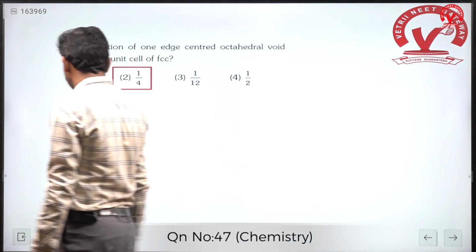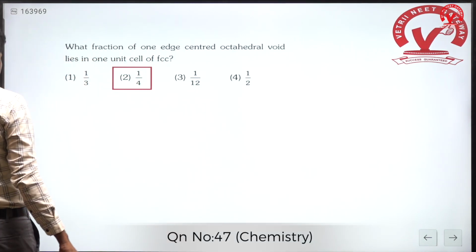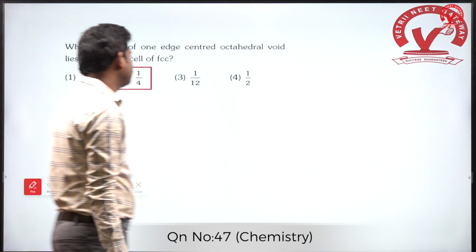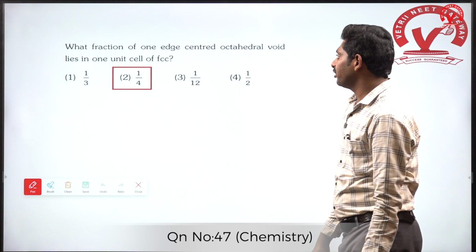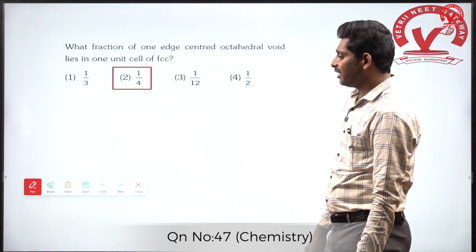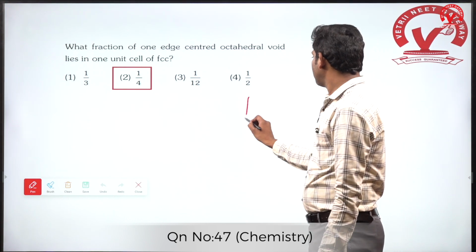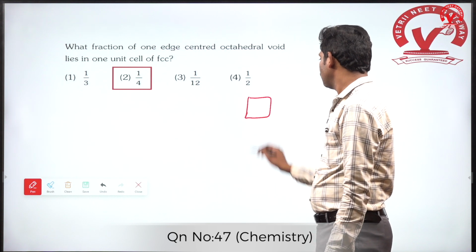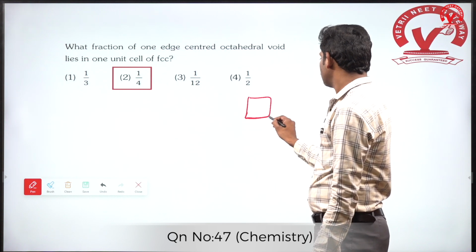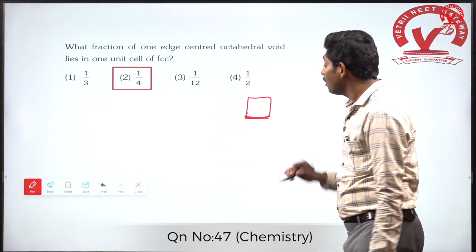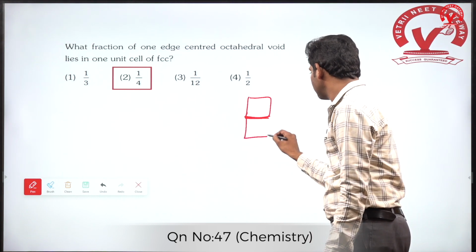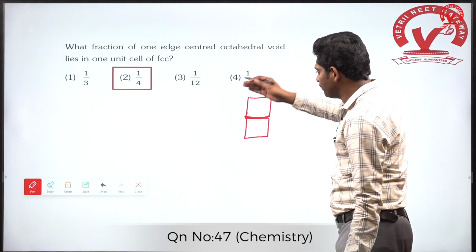Direct question. Next: what fraction of the one edge center octahedral void lies in one unit cell of FCC? Edge center means, if you take one solid like this, one unit cell, this is the edge. This edge is shared by 4 unit cells. Like this one, you can keep one more unit cell upside, and one more on this side.